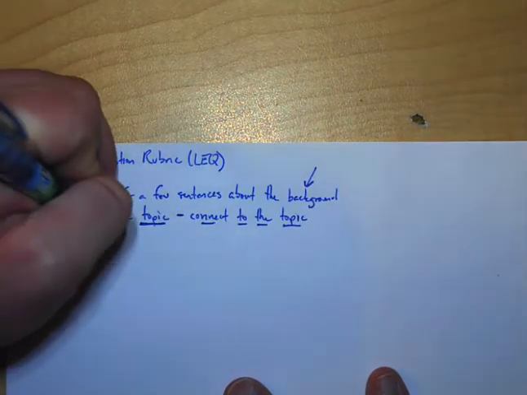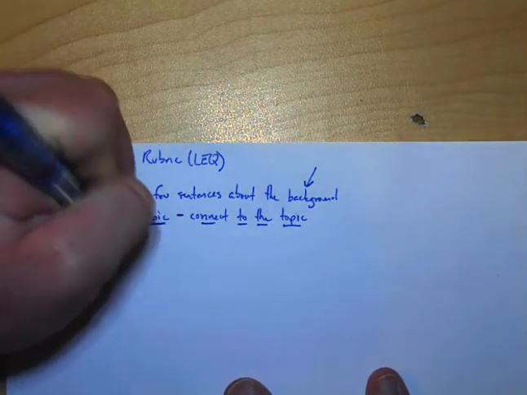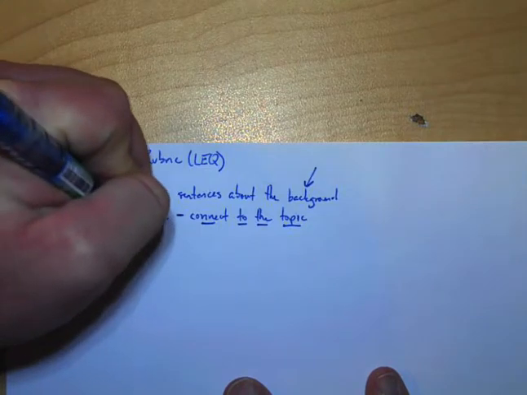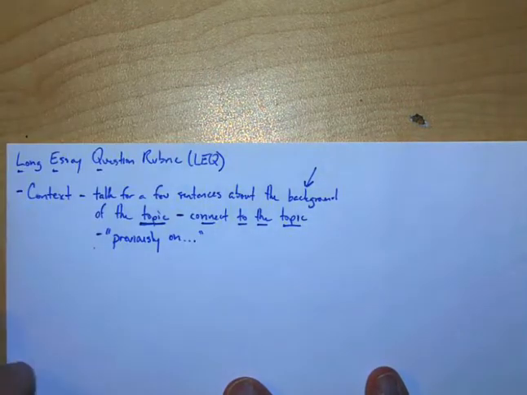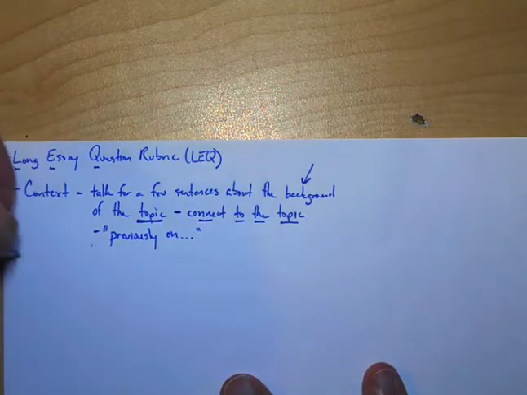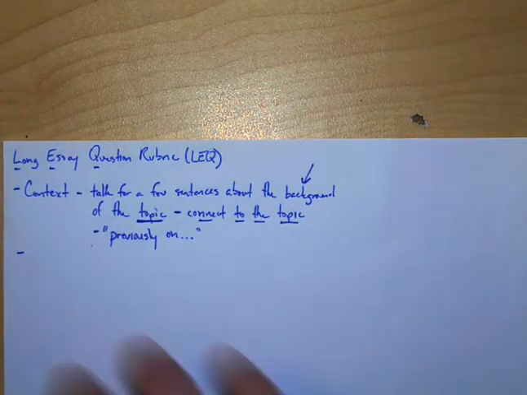Remember, we want to think about this as a "previously on," like at the beginning of a TV show. So you want to tell me just enough so that I'm familiar with what it is you're going to be talking about.